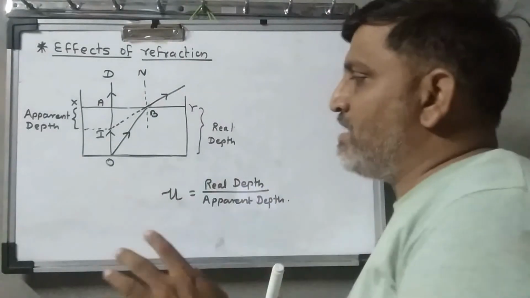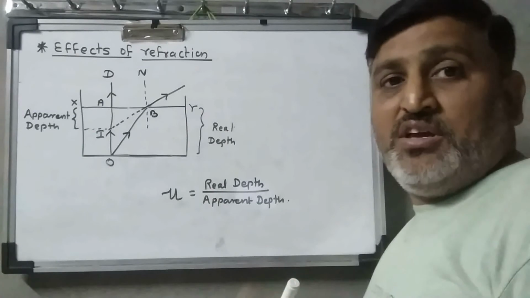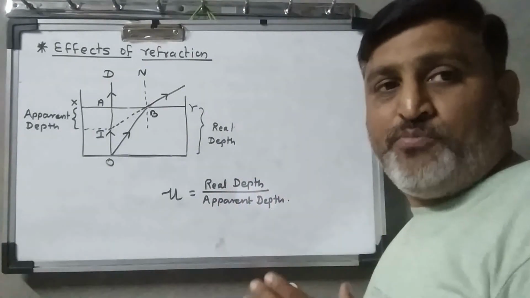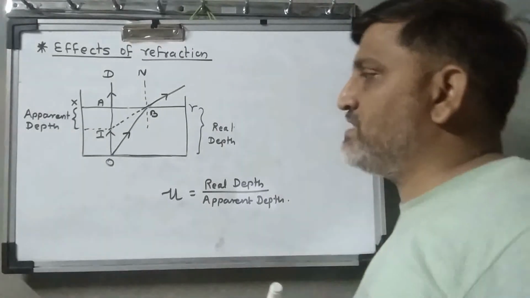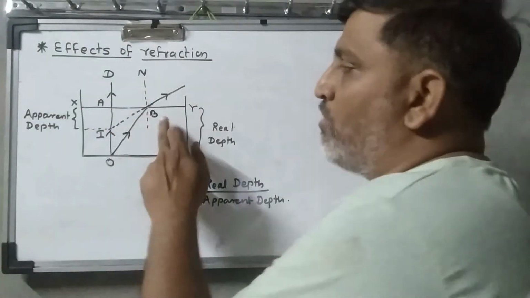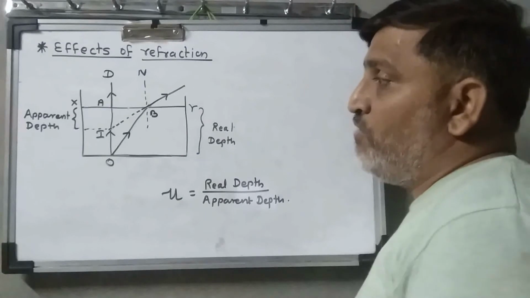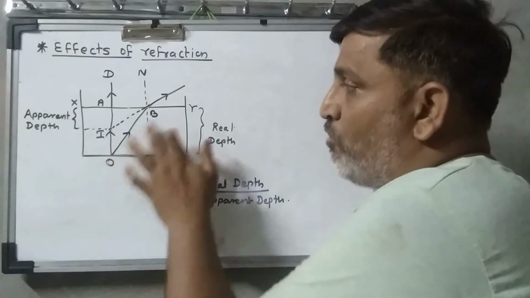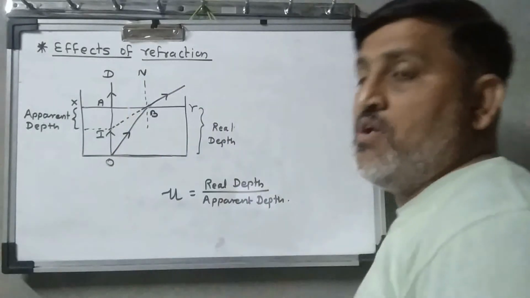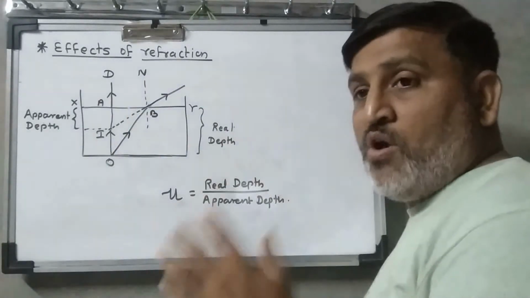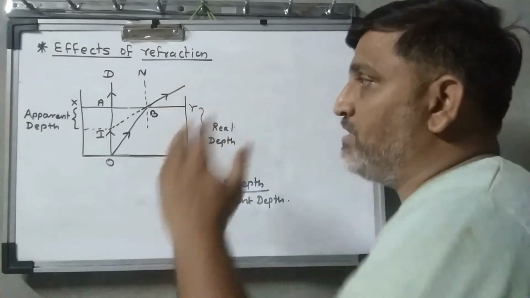Assume the second ray OB, reflected from the object, makes an angle of incidence I and strikes the surface of the water at B. This ray OB passes from the water medium to the air medium, so it gets refracted from a denser medium to a rarer medium.